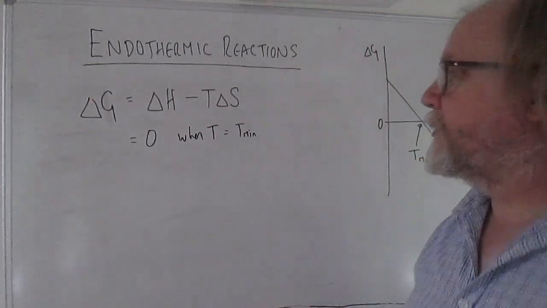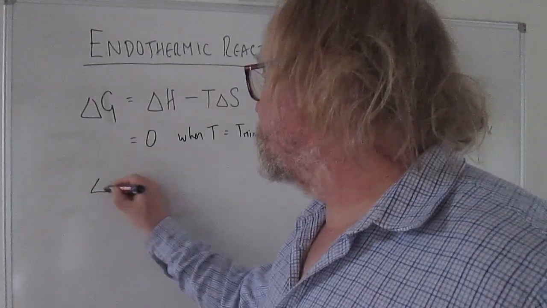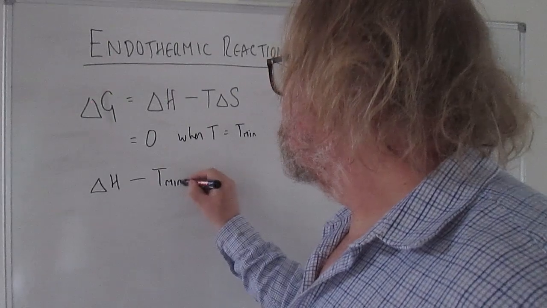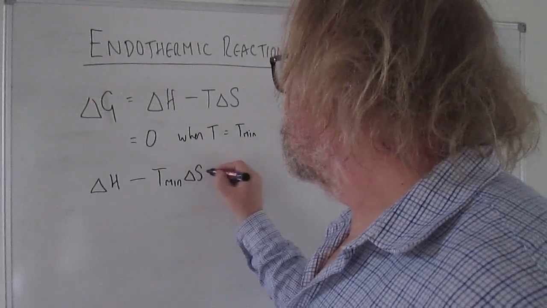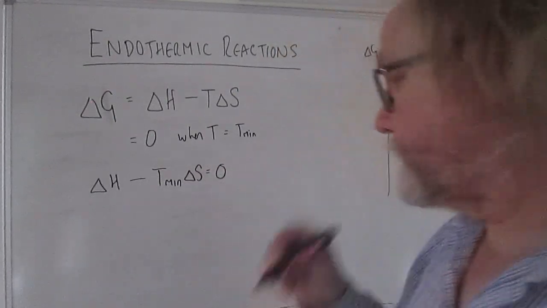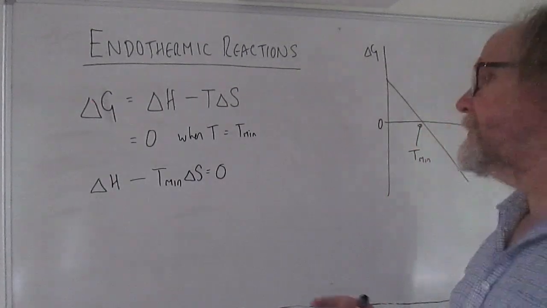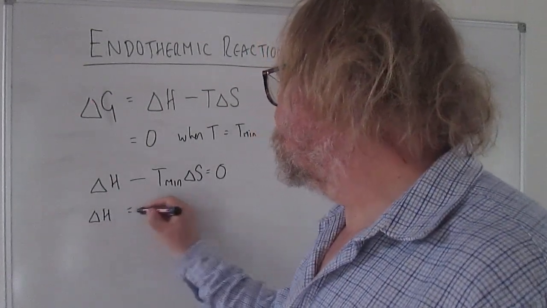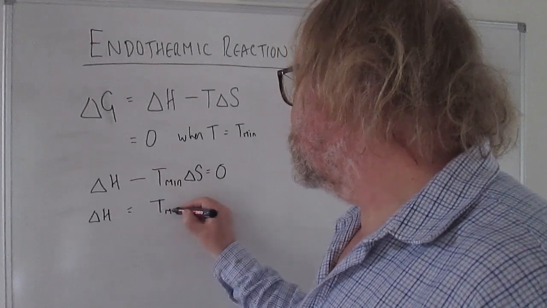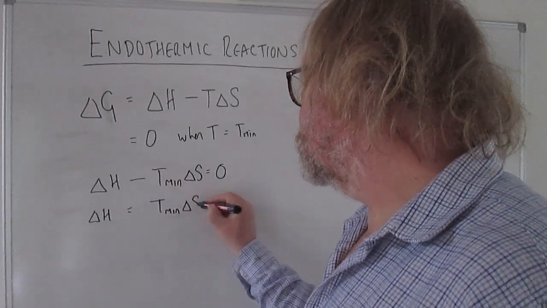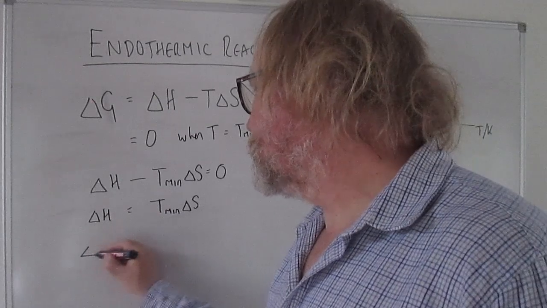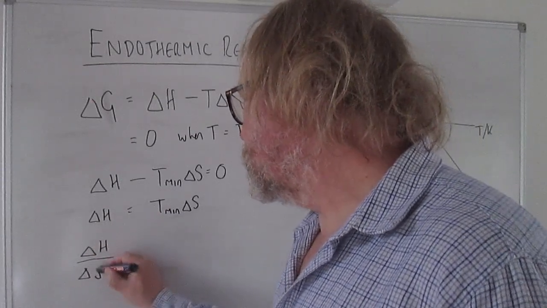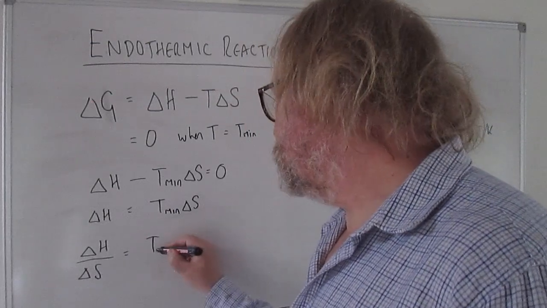So we can therefore rewrite that as delta H minus T min times delta S is equal to 0. And therefore delta H is equal to T min times delta S, and therefore delta H divided by delta S is equal to T min.